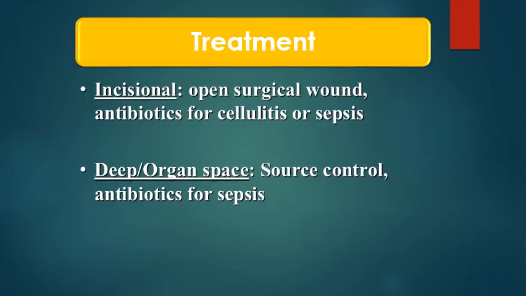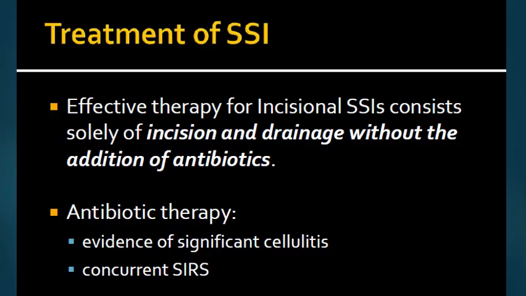For an incisional open surgical wound, antibiotic for cellulitis or sepsis is very important. For the deep organ space, we have to control the source and also use antibiotic. For the incisional one, just release the suture and use antibiotic. For cellulitis, and for the deep one, control the source, and antibiotic for the sepsis.